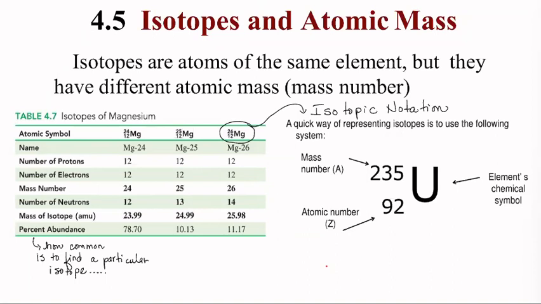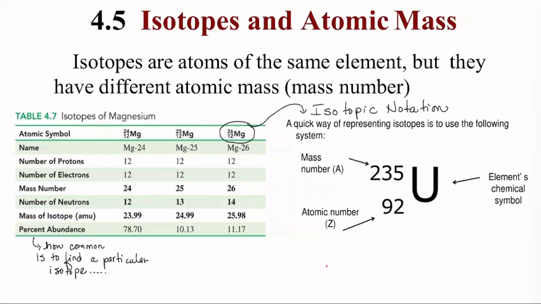As you can see here, we have a particular element. So what is element U? What does that stand for? Excellent, that's uranium. So uranium, as you can see here, we have the symbol of the element written.